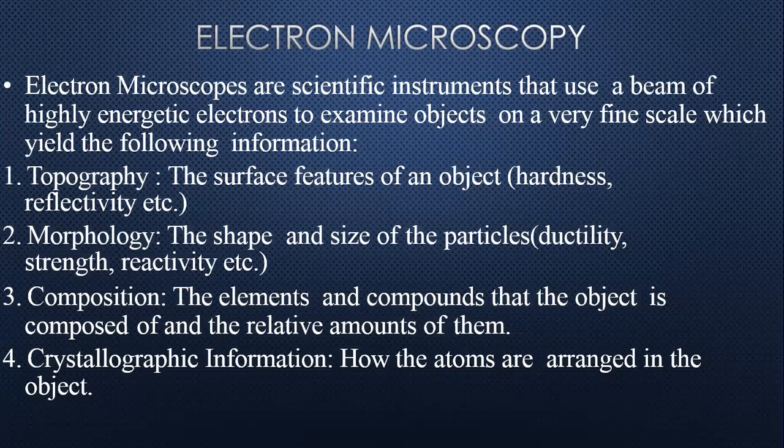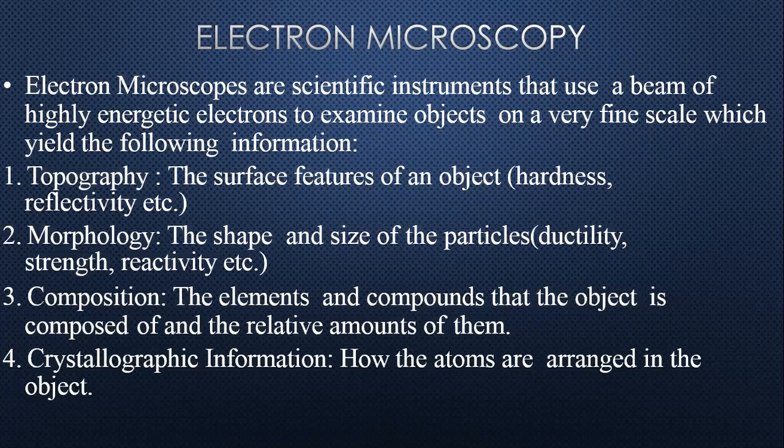Second information is regarding morphology. Morphology includes the shape and size of the particles, and different characteristics like ductility, strength and reactivity are also considered under morphology. The third important information we can obtain using the electron microscope is the composition: the elements and the compounds that the object is composed of, and the relative amounts of them.